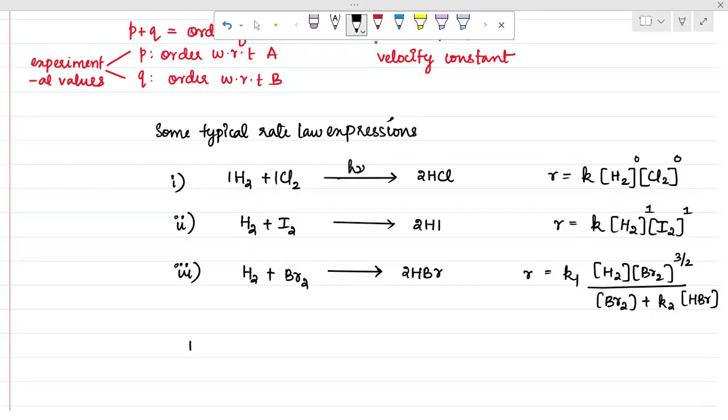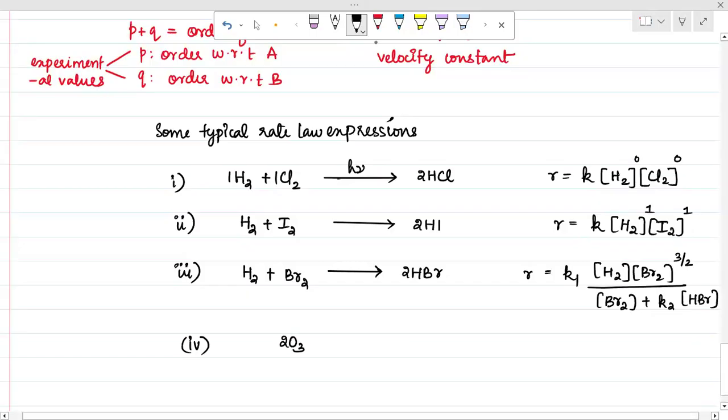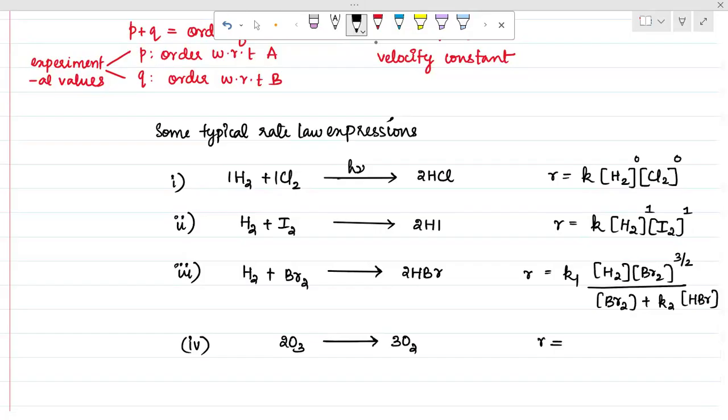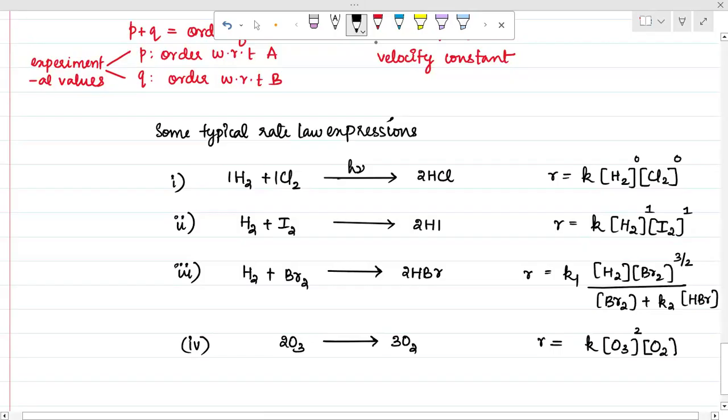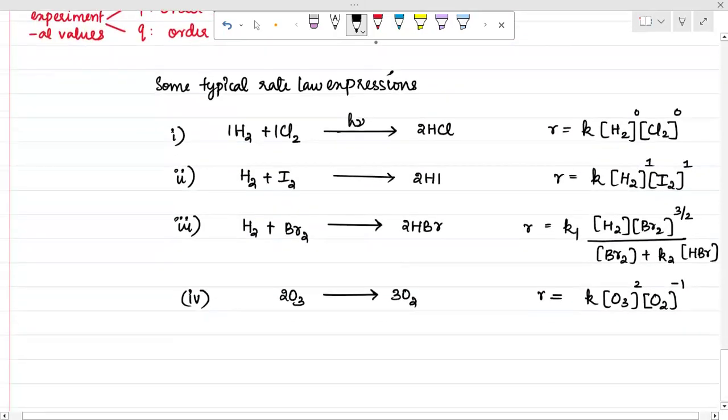One more example. Let's say you have 2 times ozone, which is giving you 3 oxygen. And here the rate expression is rate constant, O3 to the power 2 and O2 to the power minus 1. What does that mean?